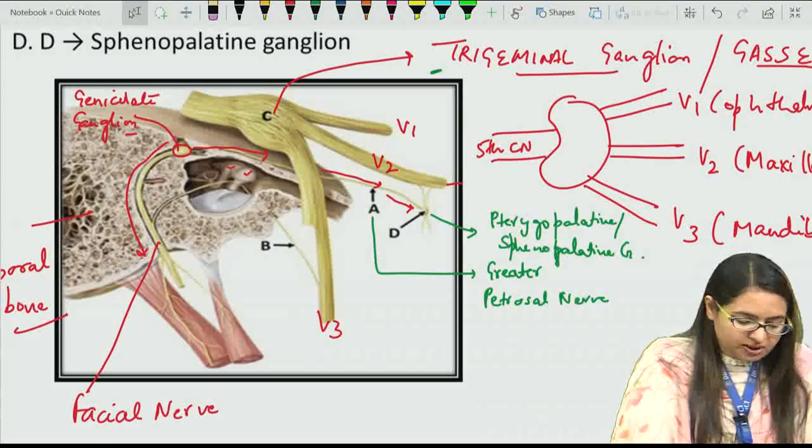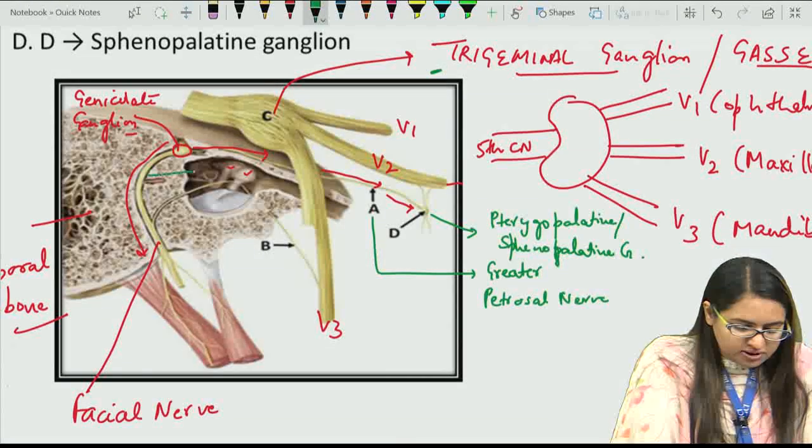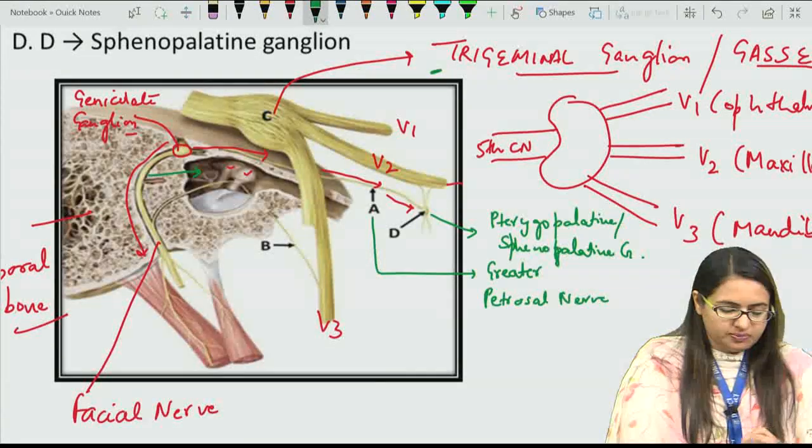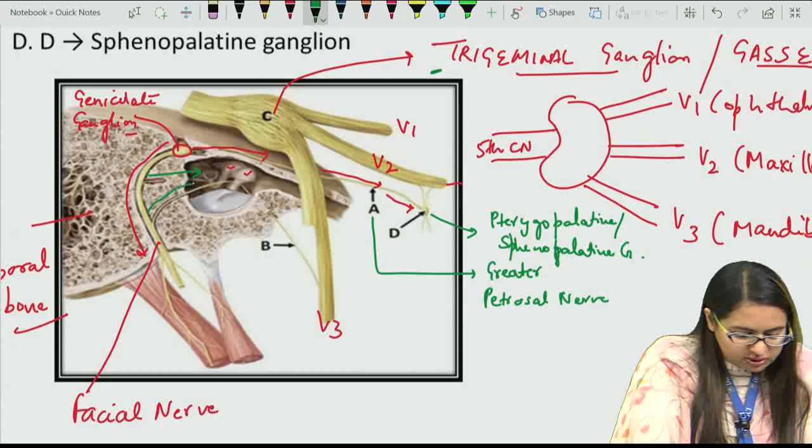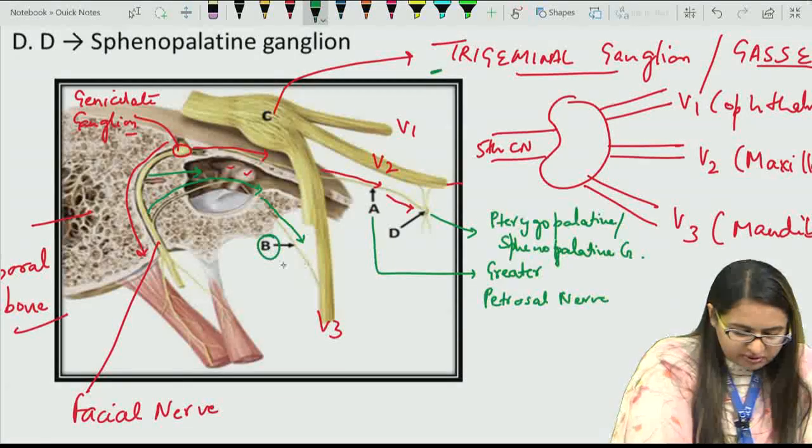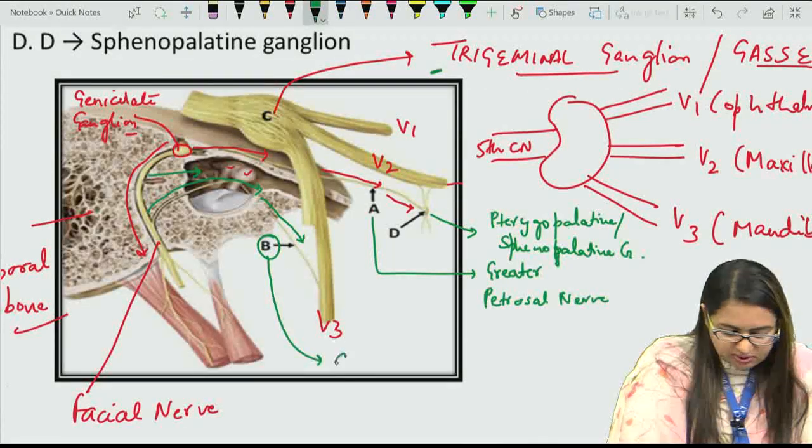Another branch which is given, going like this, is the nerve to stapedius, and this third branch over here is the chorda tympani nerve. It is going like this, then it exits out over here. So the B option marked on this nerve is the chorda tympani nerve.